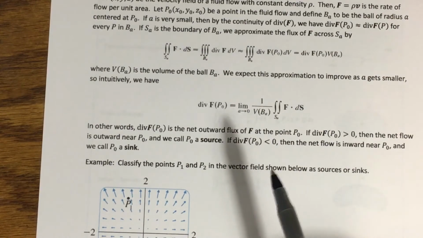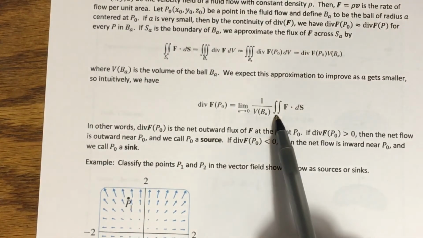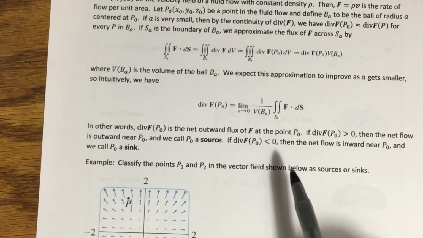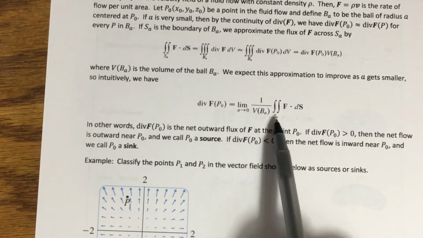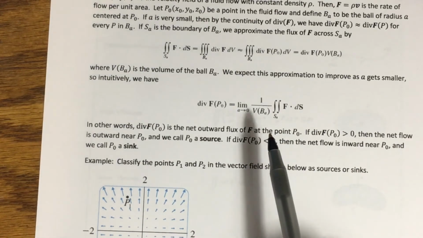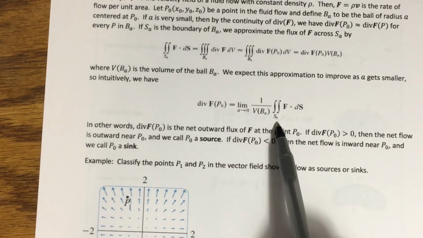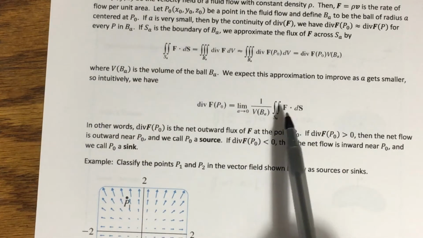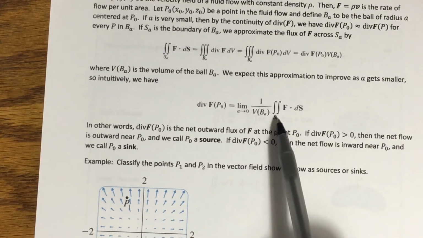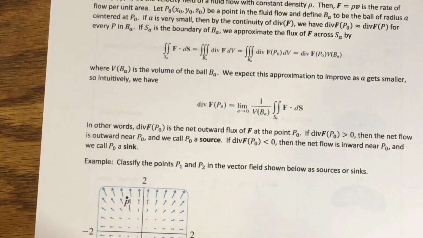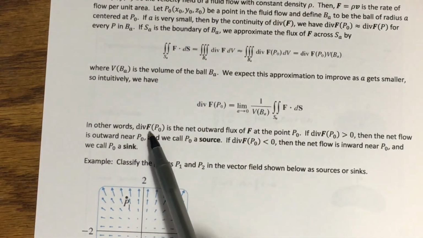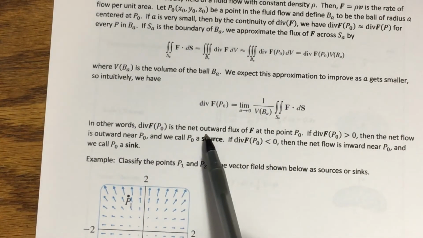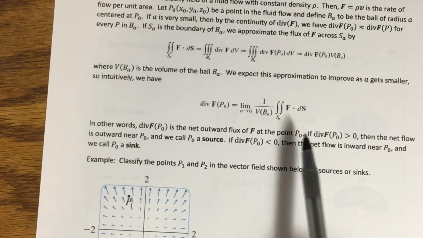How then do we interpret that? Well, remember, this is a flux integral, and we're dividing it by volume. So what that is giving me is the net outward flux. Remember, because it's a positively oriented surface, so we interpret it as outward. The net outward flux of F at a point now. In the limiting case, this surface shrinks down to just a single point. So we interpret the divergence of F at the point P naught as the net outward flux of F at the point P naught.